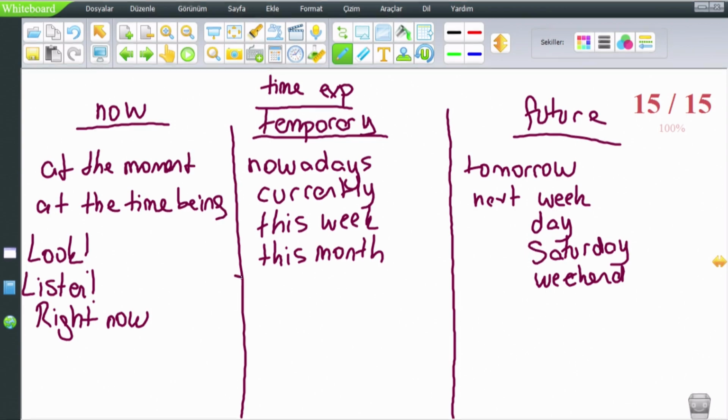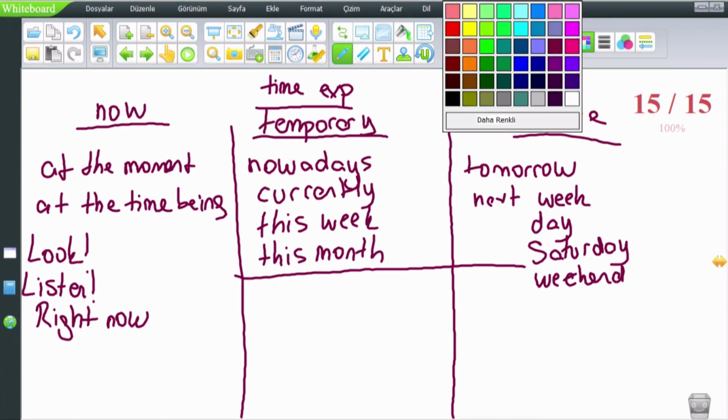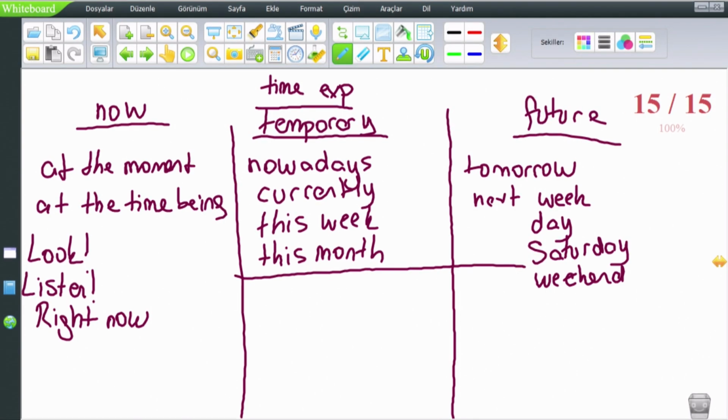We also have, I'm going to separate here, we also have complaints. When we are complaining about something and when we are using present progressive, we use always and never.